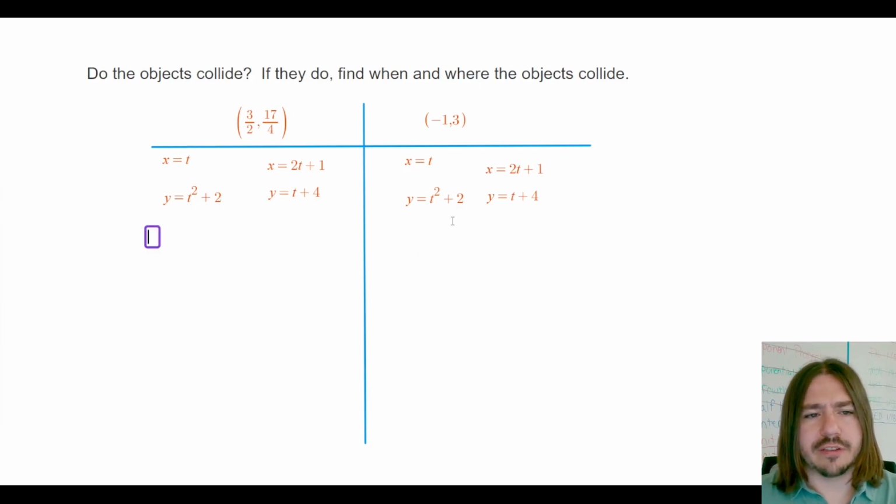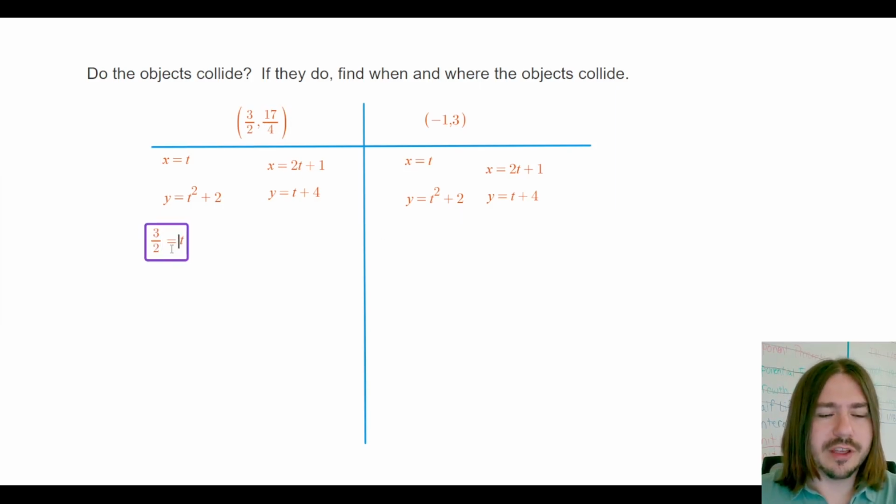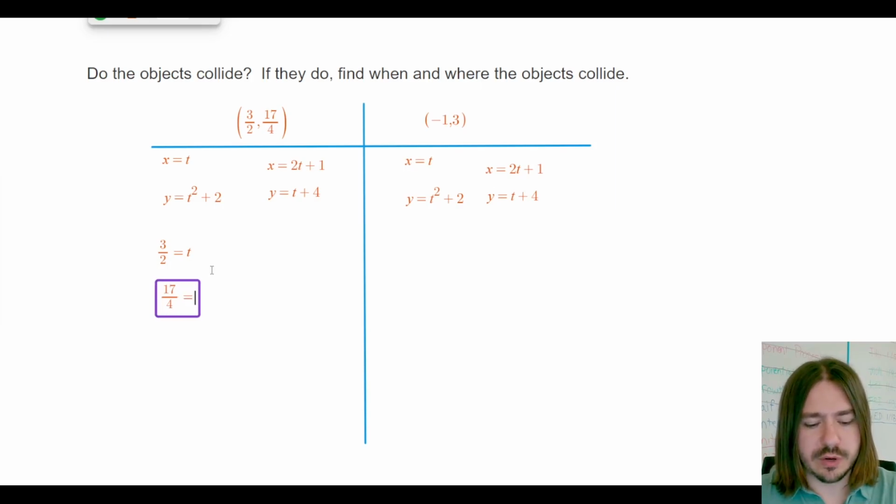Okay, so if x is t, so 3/2 equals t, right? So hopefully the other one is there as well. I'm sorry, the y is 17/4 equals t squared plus 2.